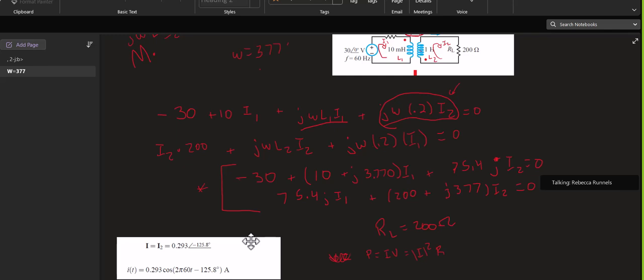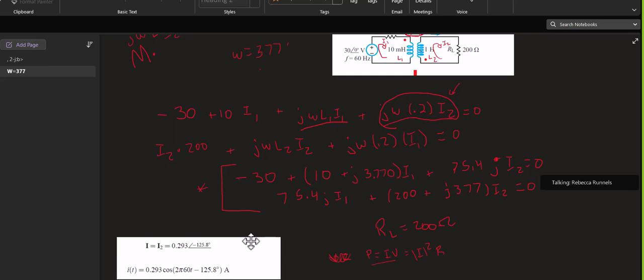So if I want to find the power absorbed by the 200 ohm resistor, then that's going to be just the real power because it's a resistor. And since it's just real power, I don't have any of those extra formulas memorized. I know that power equals IV, and that V equals IR. Since we're talking about a resistor, I know it's going to be real.